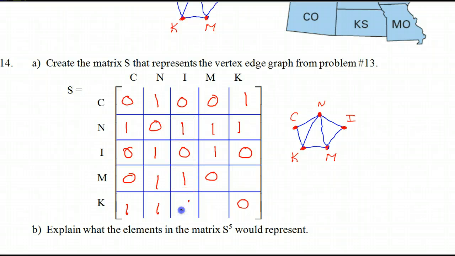Finally, Missouri is connected with Kansas, Nebraska, and Iowa. Missouri is connected to Kansas, and there's Nebraska and Iowa, but that'll be duplicated here. So this is the matrix version with the same information as this vertex edge graph.